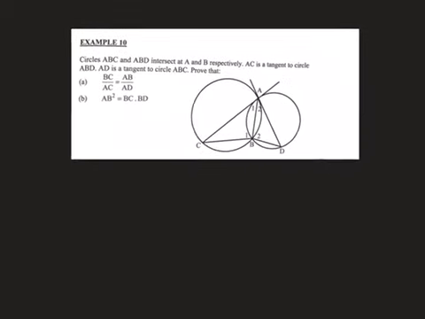So it says in circles A, B, C. All right, so let's highlight A, B, C. We have then A, B, D, like that.